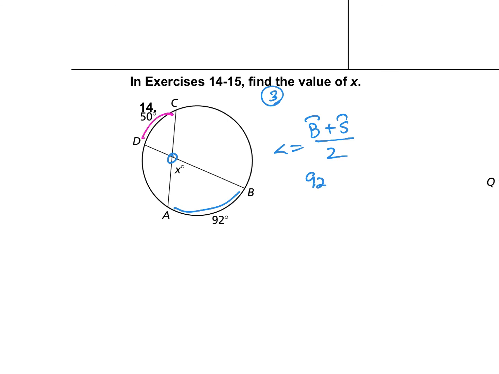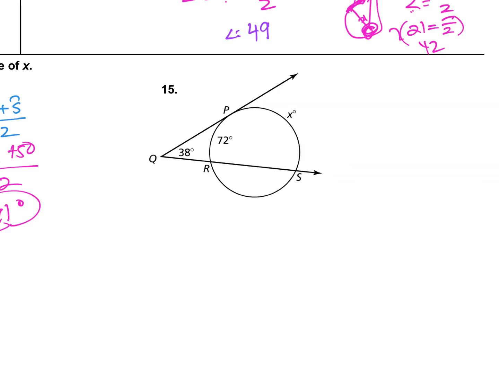The small arc is right here, 50. So when I add 92 plus 50, that gives me 142, divided by 2, that gives me 71 degrees. So this angle right here is 71.